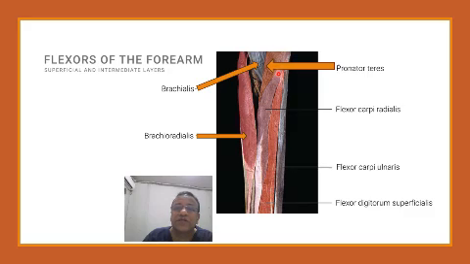This is pronator teres. Next to the pronator teres, the next muscle you can see here is flexor carpi radialis. You can see it's also originated from the common origin and runs towards the radius and inferiorly, and goes all the way crossing the wrist joint.